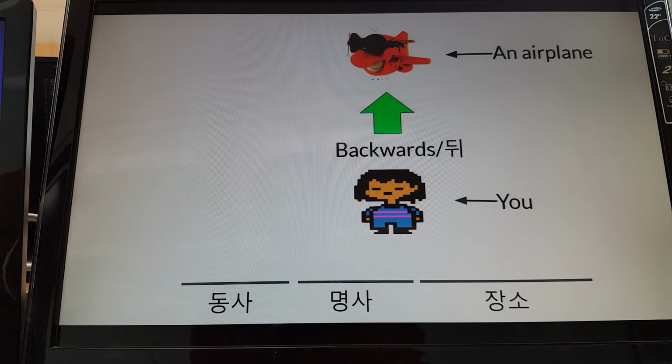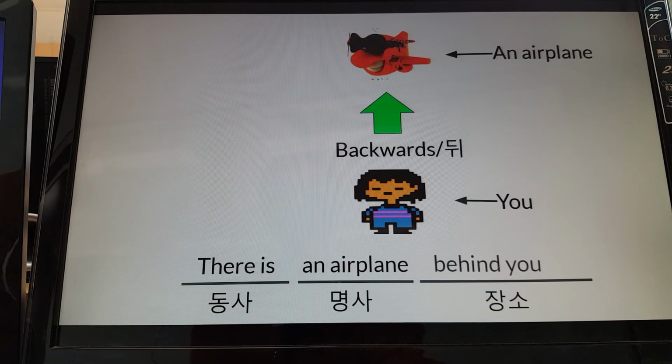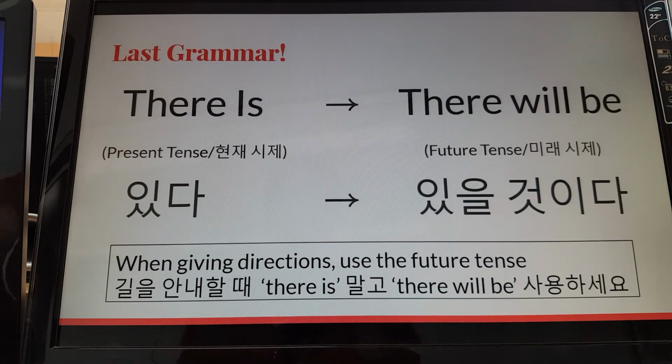We would say, with our verb, there is. Our noun is an airplane, and place, behind you. There is an airplane behind you. Good job. Okay, last grammar, last one.